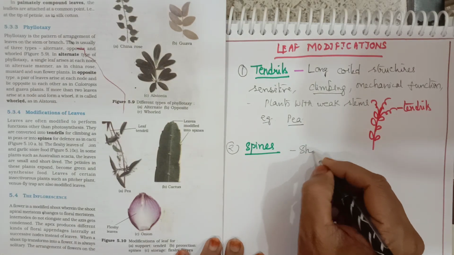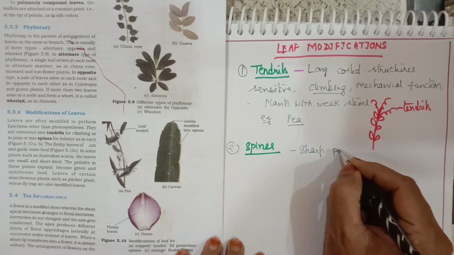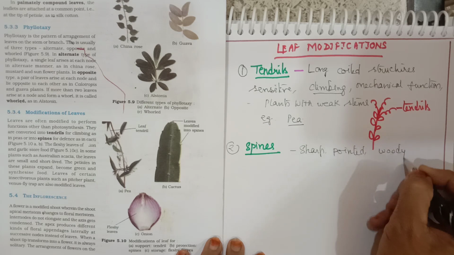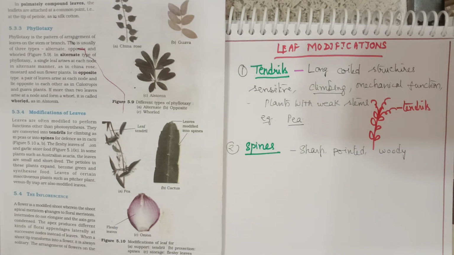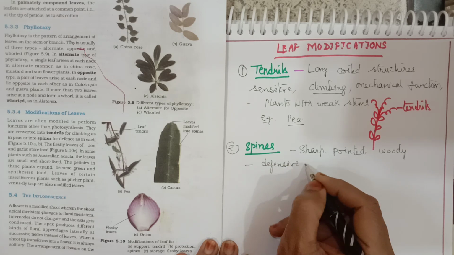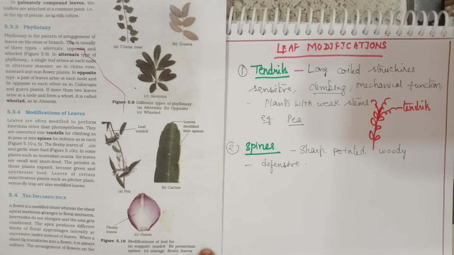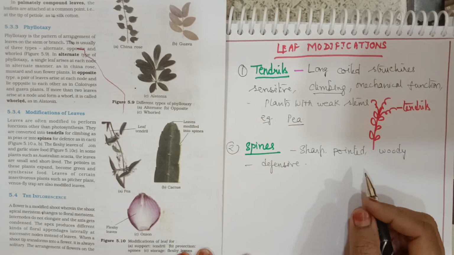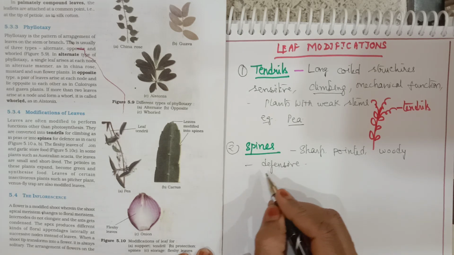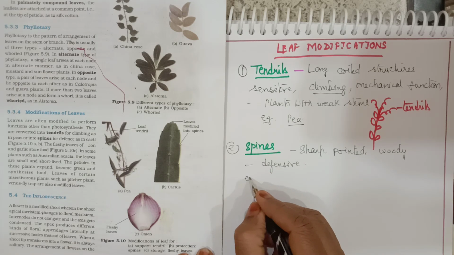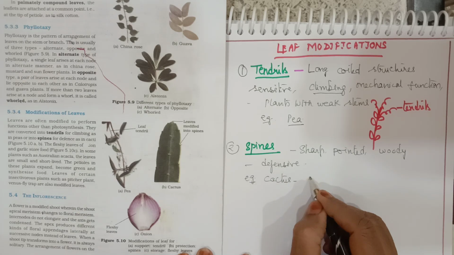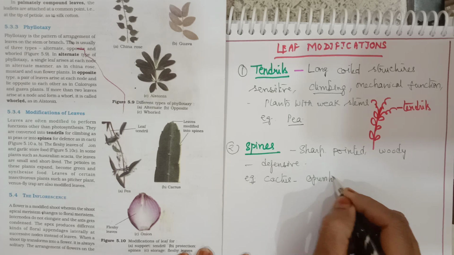These are sharp pointed, woody structures, and the main purpose is that they are defensive in function. They help in protecting the plant against any herbivorous animals. Another function of spines is seen in cactus. The scientific name of the cactus here is Opuntia.